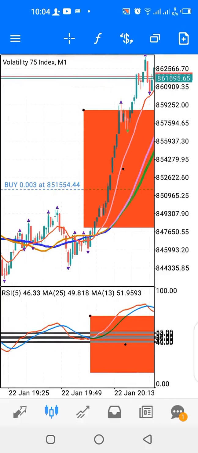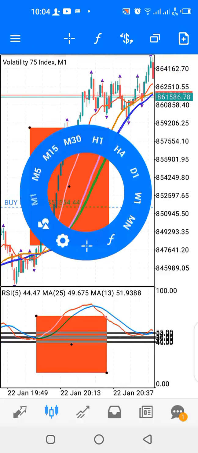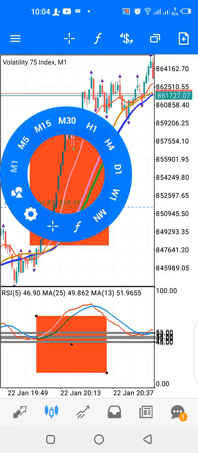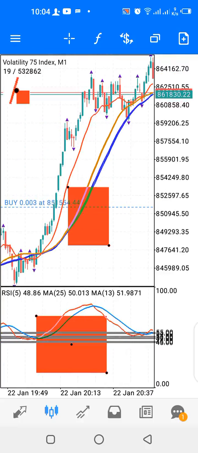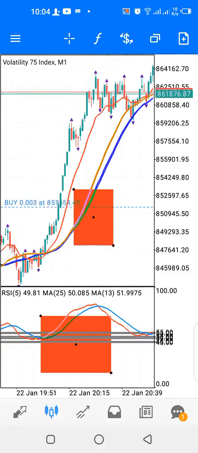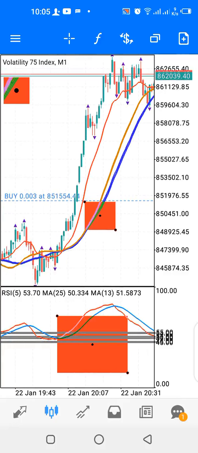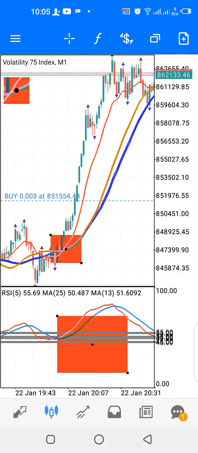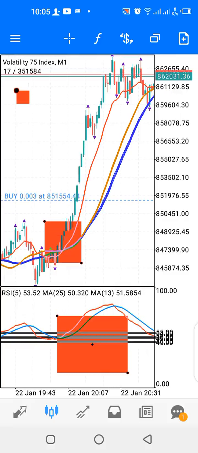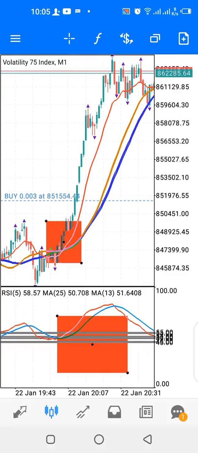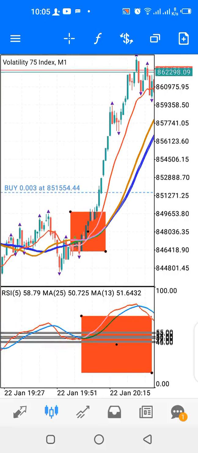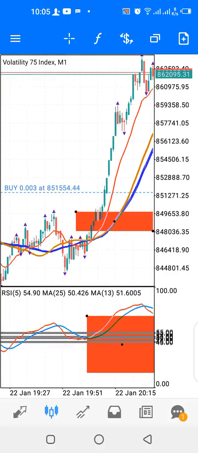Okay, for this strategy, the way it works is when the 13 period moving average crosses above the two Bollinger Bands, the orange and the blue Bollinger Bands, crosses above like this, that's a buy signal.